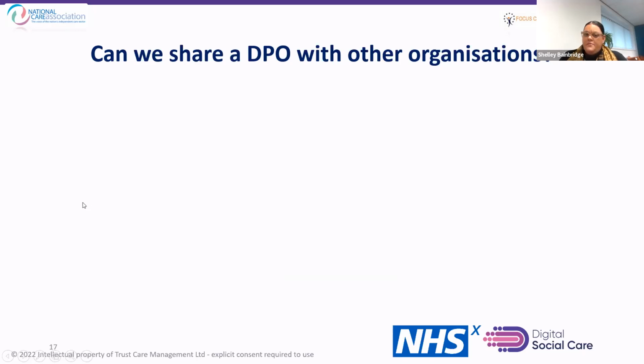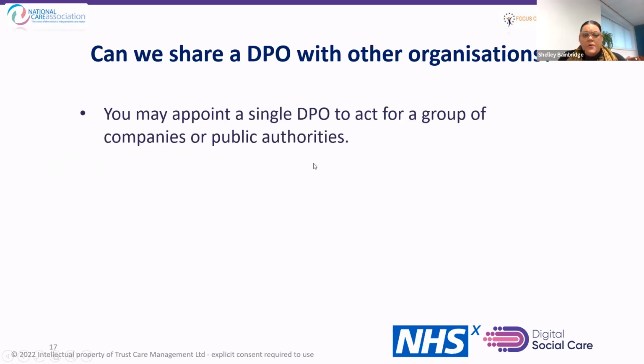Can we share a DPO with other organisations? This might be something that people think of, or people might think, actually, I'm quite a small business. This is something I could look at with my neighbouring company that we work well with, and we can actually share a DPO together. You may appoint a single DPO to act for a group of companies or public authorities.